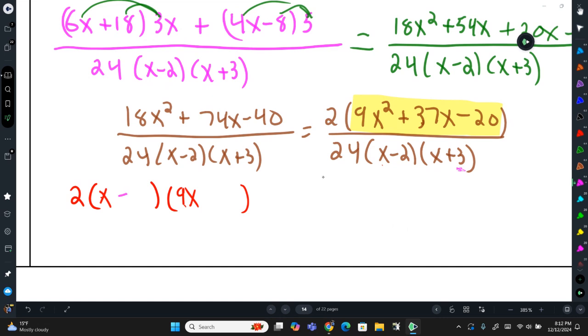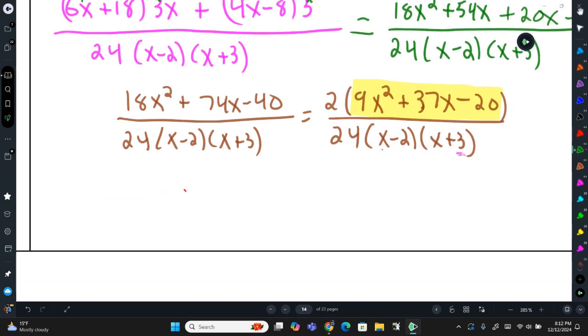So I'm going to use minus 2, which means this would have to be positive 10. I'm going to guess and check this. Negative 2 times 9x is negative 18x, and then x times 10, nope, that's not going to work. So that is unfactorable.